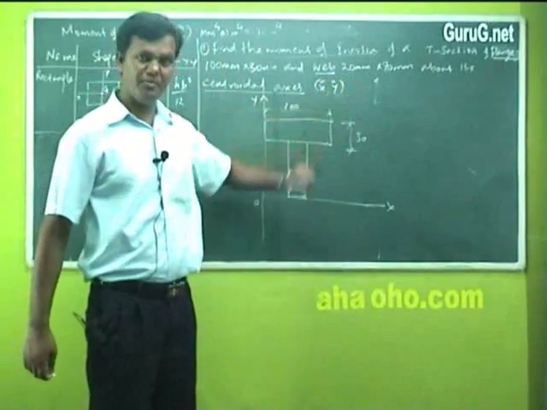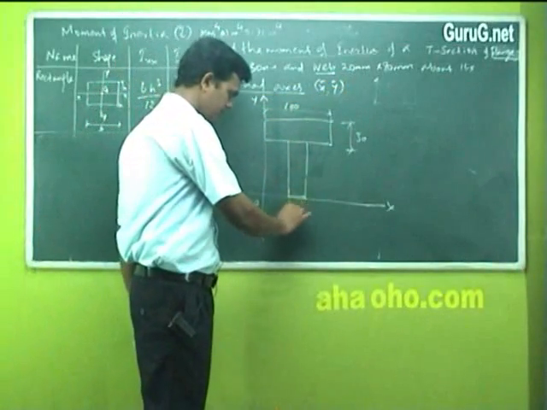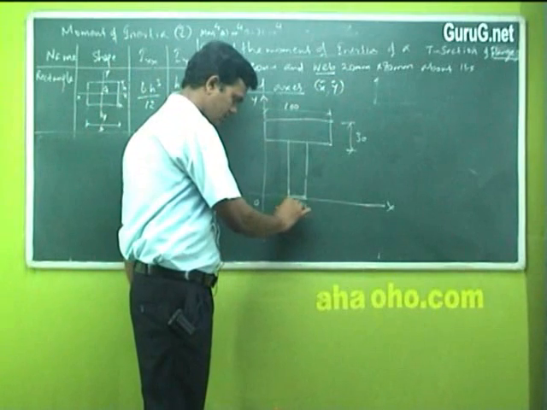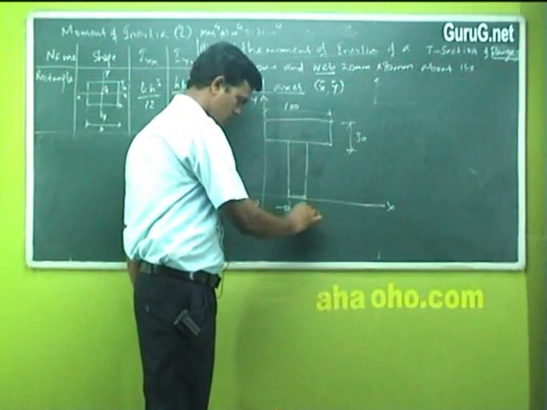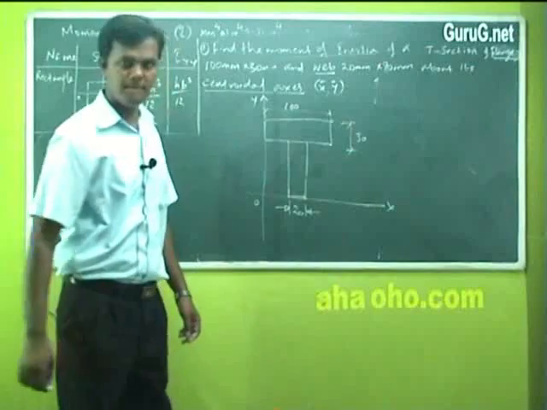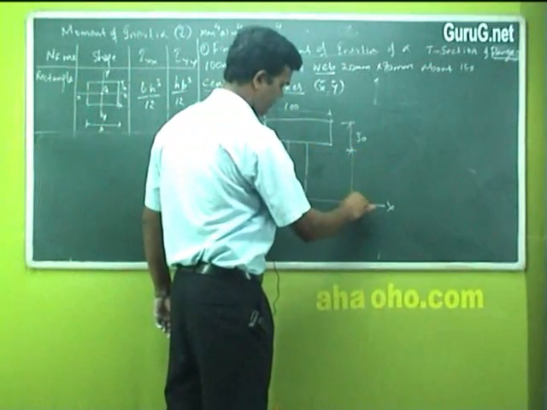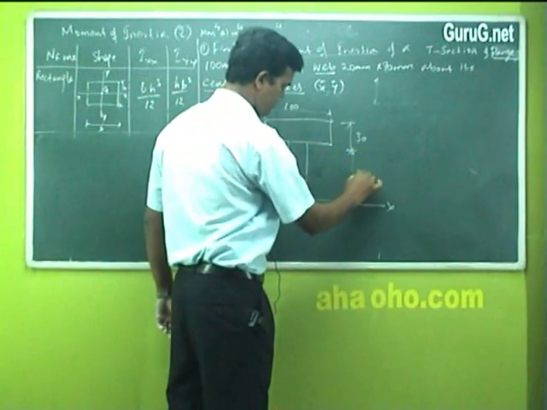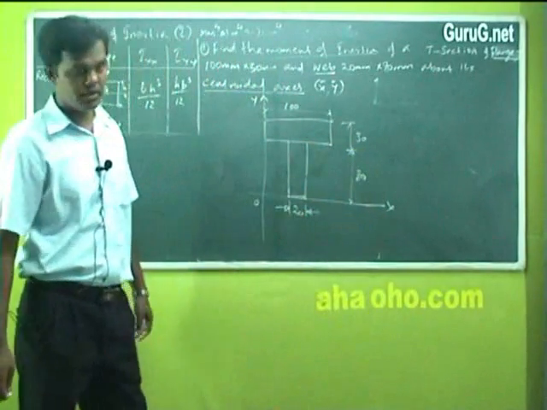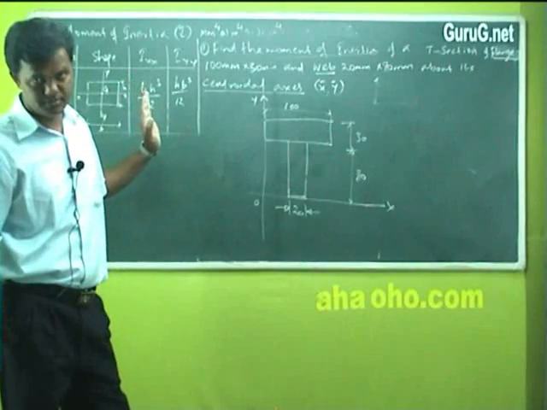Then 20 mm for the web. What is 20 here? This one is 20. What is 80 here? This portion remaining is 80. Is it okay? Now your diagram part is complete.